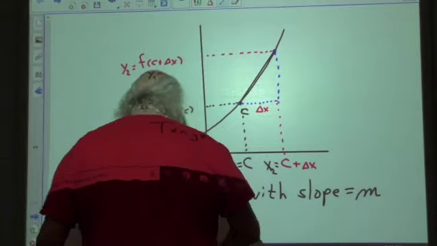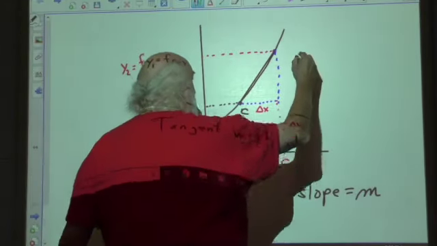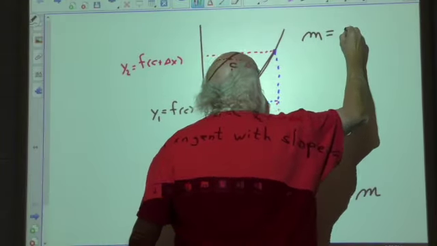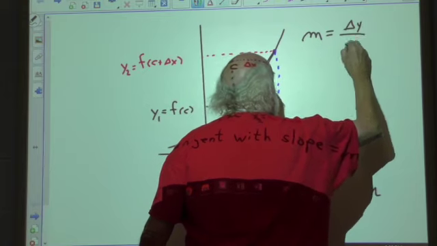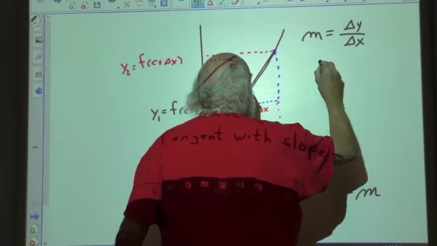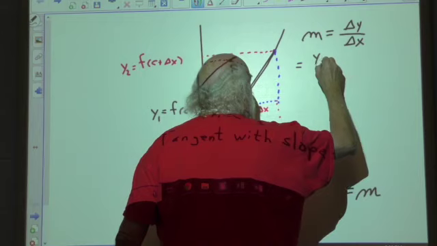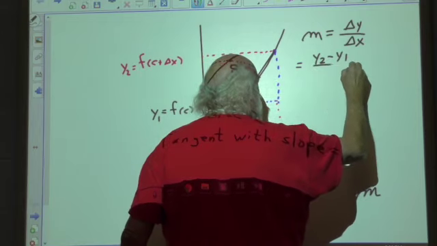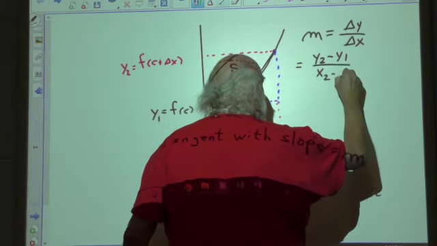So when we calculate the slope, which we know is delta y over delta x, which of course means it's going to be y2 minus y1 over x2 minus x1.